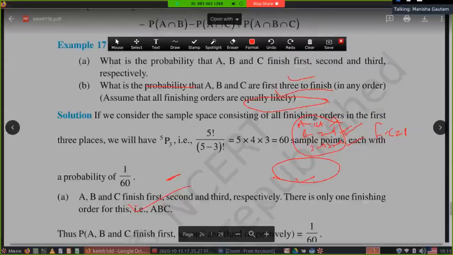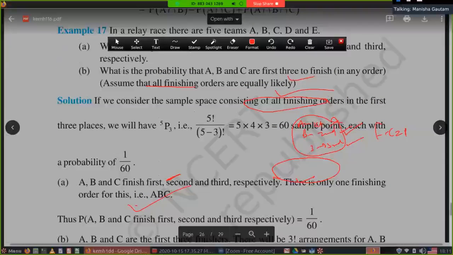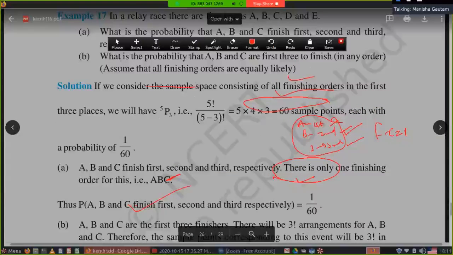In the second part, what is the probability that A, B and C are the first 3 to finish? What is the difference between the first and second part? In the first part, it is fixed: A comes first, B comes second and C comes third.